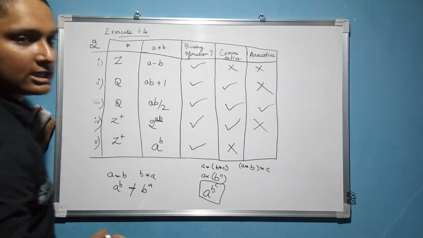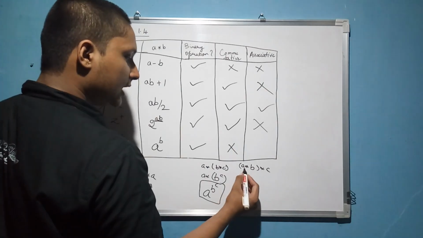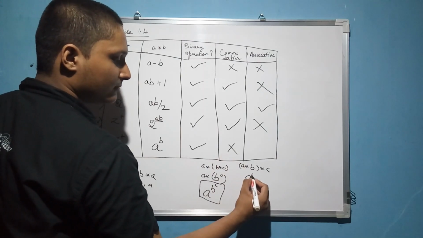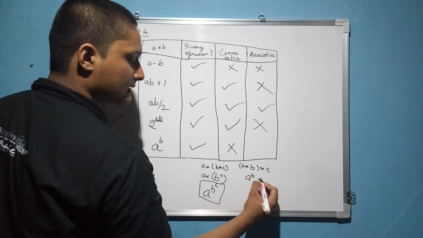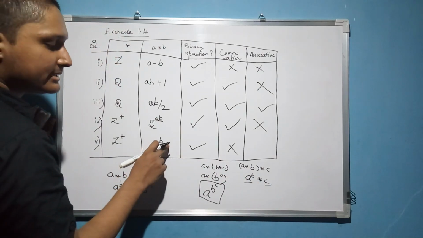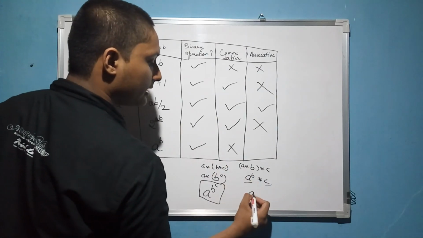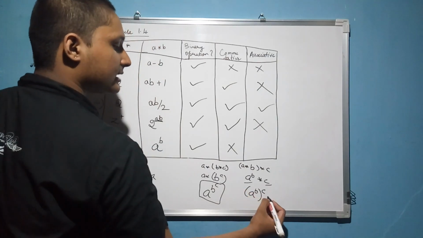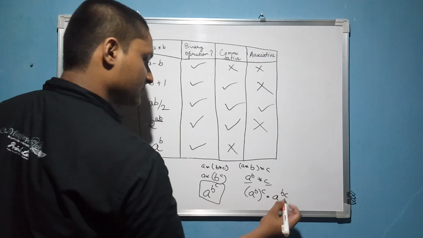Here you have a star b. A star b is a raised to b, star c. Here this is the first number, this is the second number. The first number should be the base and the second number should be the exponent. So a raised to b raised to c comes to be a raised to bc.